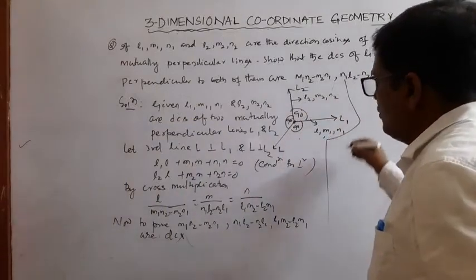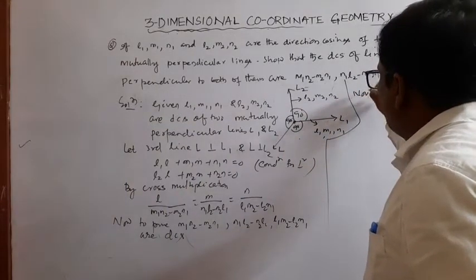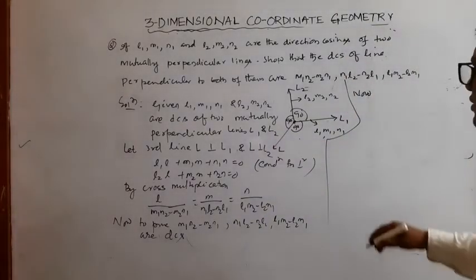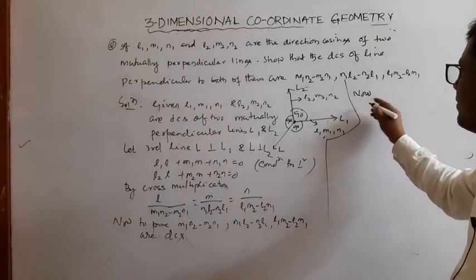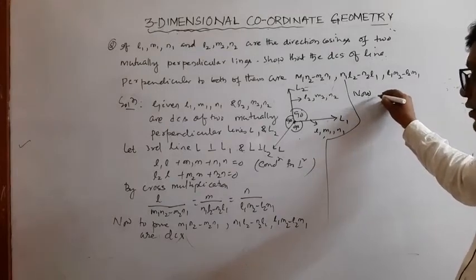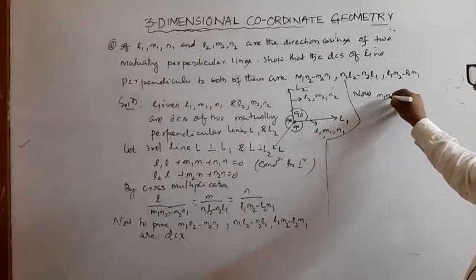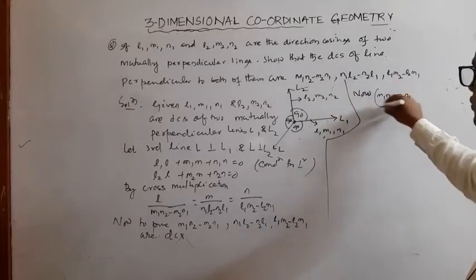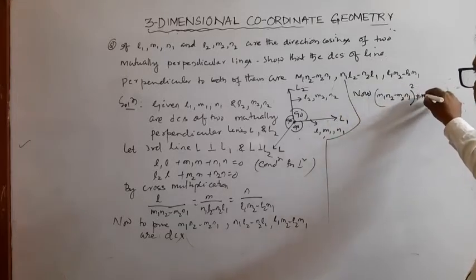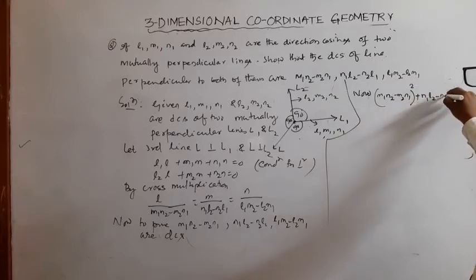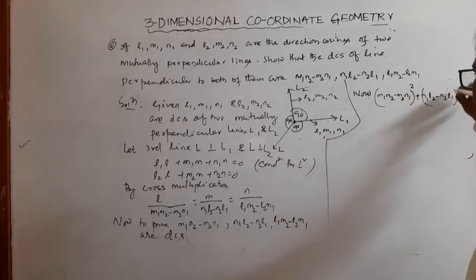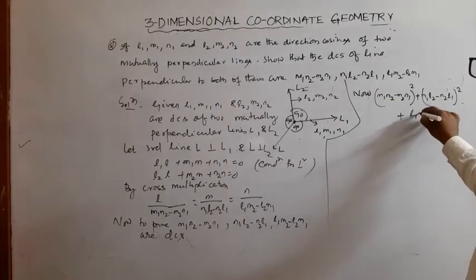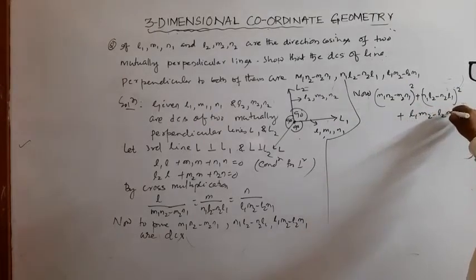So now the sum of squares: M1 N2 minus M2 N1 whole square plus N1 L2 minus N2 L1 whole square plus L1 M2 minus L2 M1 whole square.